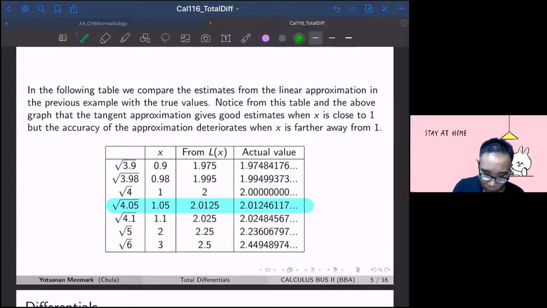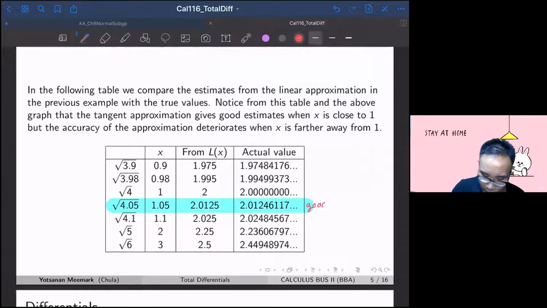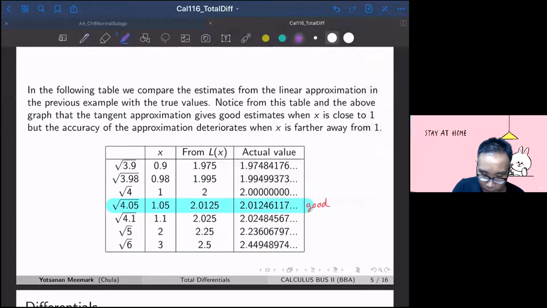So this one also gives you a good approximation. We also have the previous one, which is the square root of 3.98. So this one also gives a good approximation.